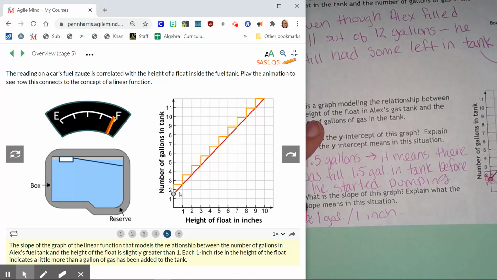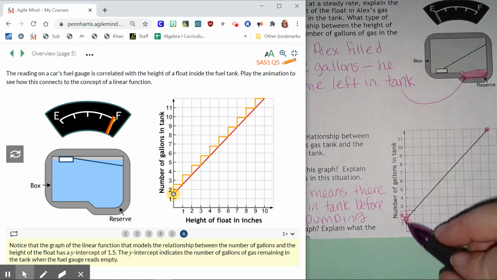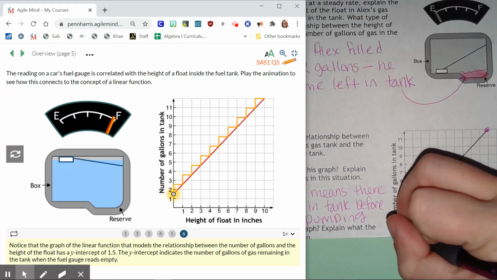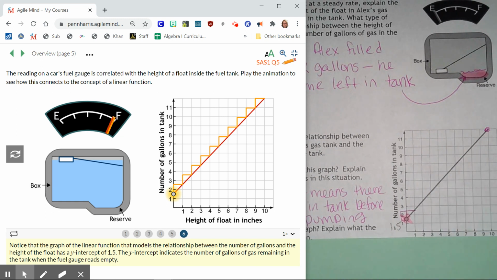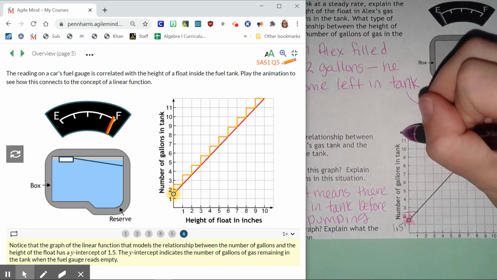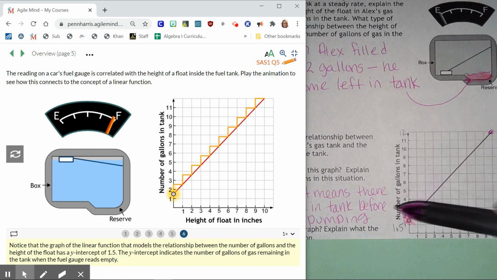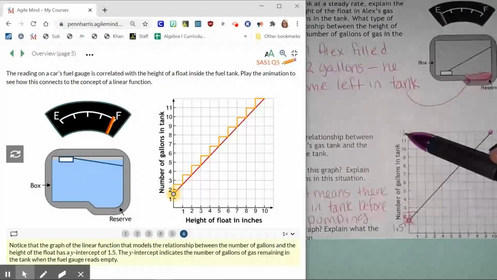Okay, something else I could have done, guys. I could have said, all right, well, I've got a point right here at 1.5, and I've got a point up here all the way at 12. So how do I get from 1.5 to 12? Well, that's a change of 10.5 gallons.